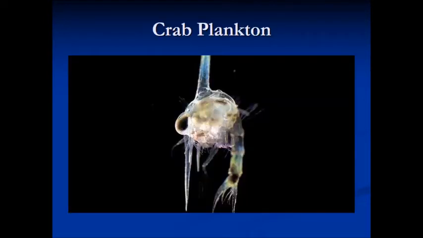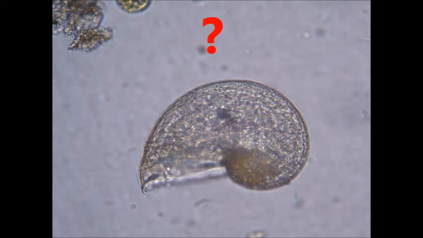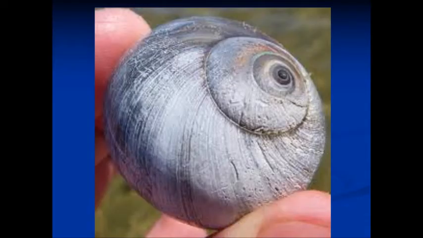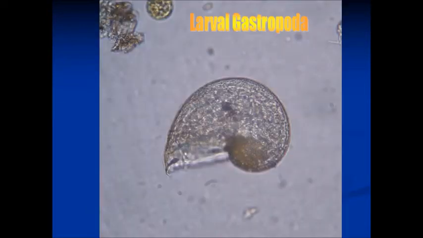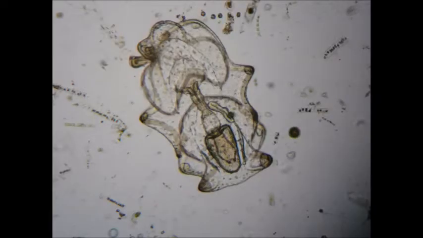Go ahead, next slide. There you go. Next slide. This one you probably know because it looks very similar to the adult. Next slide. It's a moon snail. Okay, next slide. Larval gastropod is what it is. Go ahead, next slide. This one's going to be hard to figure out. Sea cucumber? Yeah, that's exactly right.